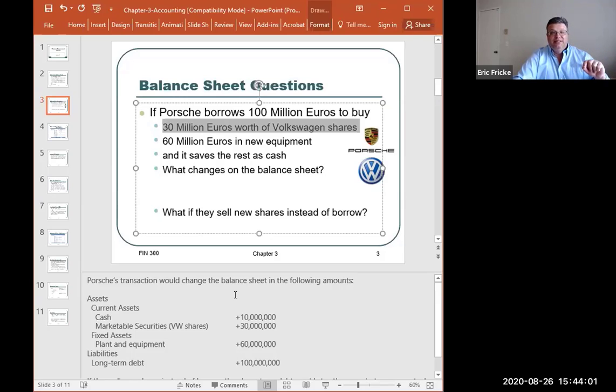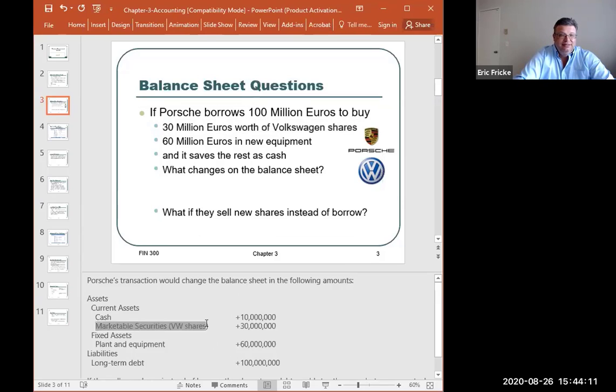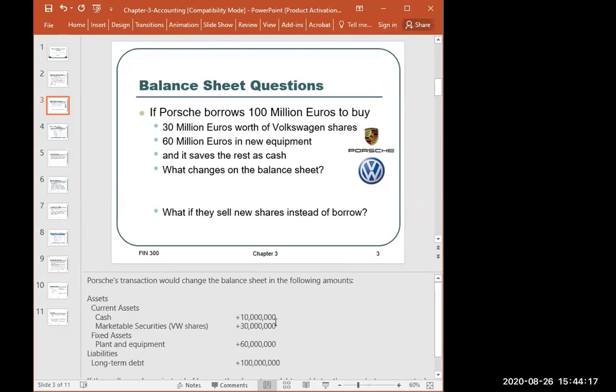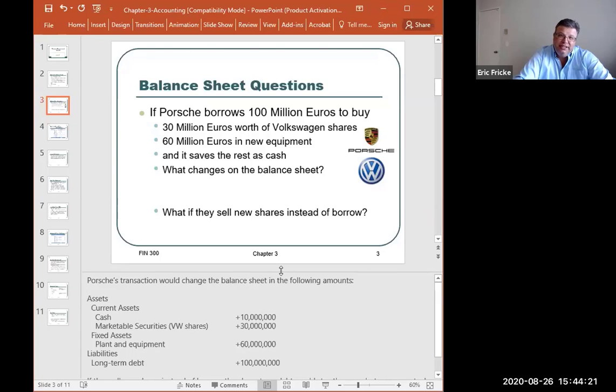And then within current assets, there's usually an account that says something like marketable securities. And so that's where this would go, right here: marketable securities, $30 million. Why is it marketable? Because it's a share of stock that's traded on a stock exchange, and so it's very liquid. It's easy to buy and sell.